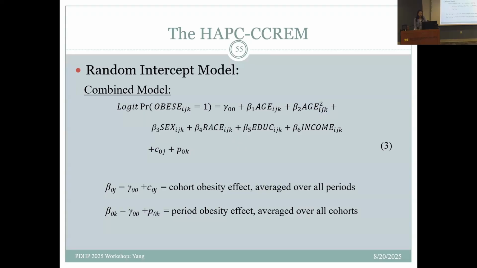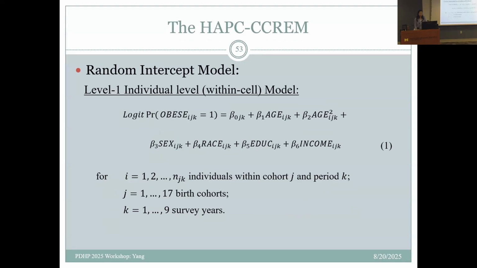In this example, the very first model is a basic random intercept model with no covariates. If you're looking at equation 1 here, can you see the screen? We start with beta 0JK, which is just the intercept, where JK means period- and cohort-specific variance with no individual-level covariates whatsoever.